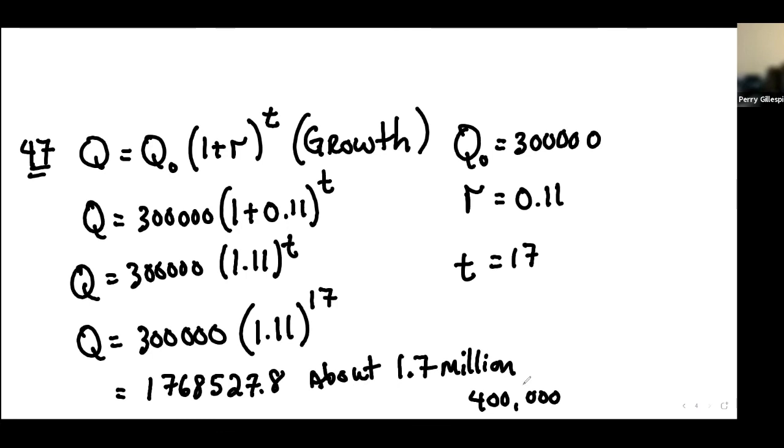Now, what could have happened to cause the rate to be so low? A number of things. The housing market, the job market. I can't say the pandemic, it was before the pandemic, but several things could have caused it to remain very low. But if it had continued its trend, it would have ended up being about 1.7 million.